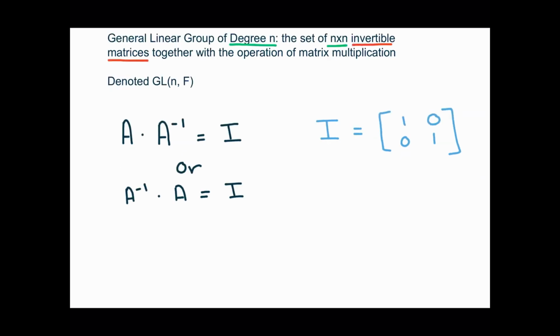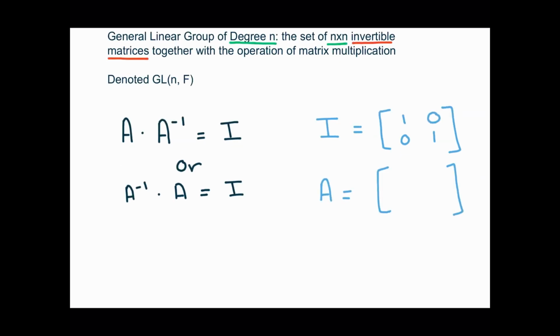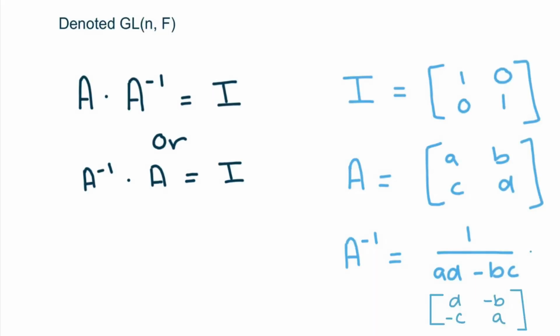Now, if A is a 2x2 matrix with elements of, say, a, b, c, and d, then we compute A inverse as 1 all over ad minus bc times this matrix, where a is the top left element, d is the bottom right element, b is the top right element, and c is the bottom left element. ad minus bc is called the determinant, and you can see that if ad minus bc does not equal 0, then A inverse will exist.